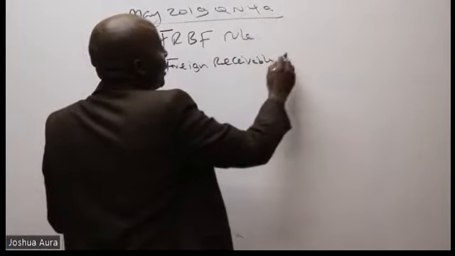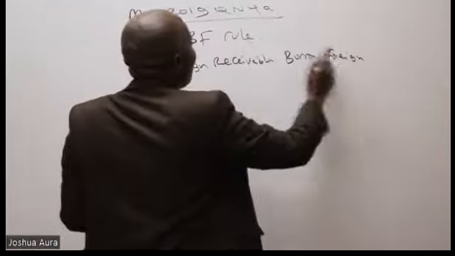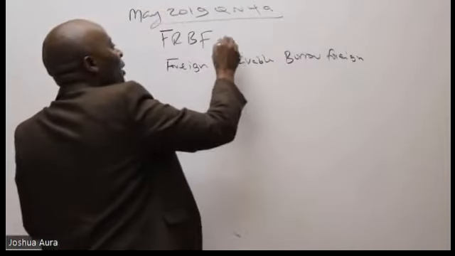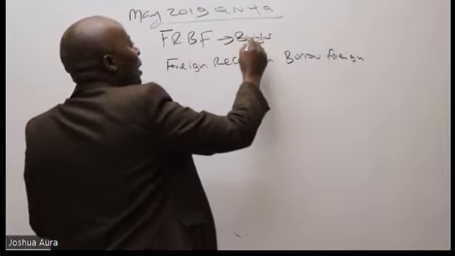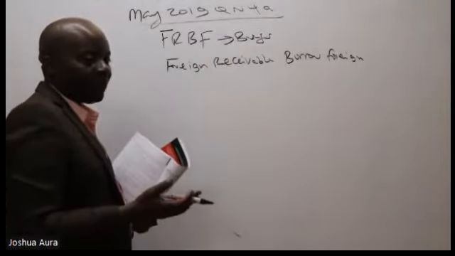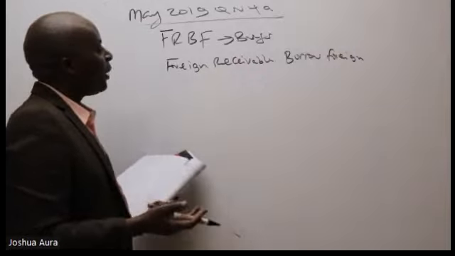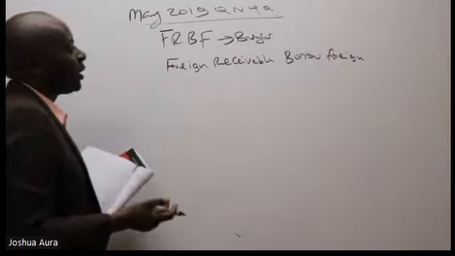For foreign receipts, always borrow foreign. And you remember that this foreign boyfriend of yours always buys dinner. That's how you remember this. And I know the amount here is 60,000.